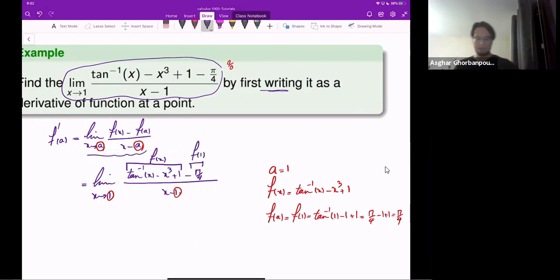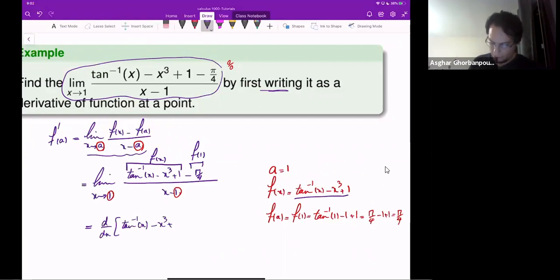Now we found everything. So we wrote the limit as f of x minus f of 1 over x minus 1. And what is that f? That is tan inverse of x minus x cubed plus 1. Right away, you can say that this guy is the derivative of tan inverse x minus x cubed plus 1 when we plug in x equal to 1.